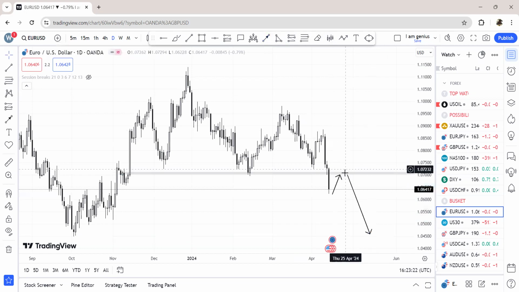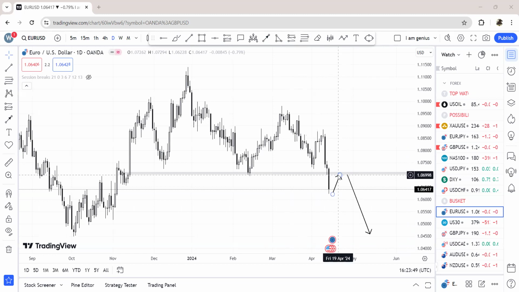But it can also break this level and start making new highs. How do I know that it's going to continue going down? Well, I don't. The only reason why I'm saying it's most likely to go down is because chances are this market is more likely to go downwards than it is to go upwards.